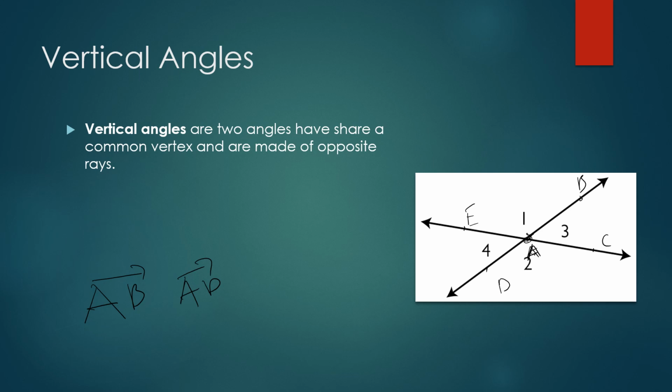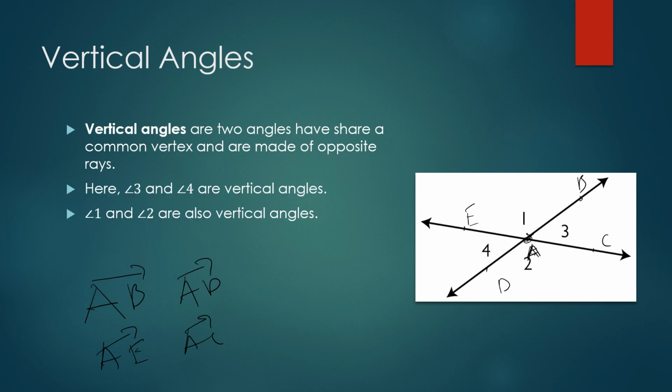And then we also have AE as an opposite ray, and we also have AC as an opposite ray. And all of them go through the vertex of A. So we would say that angles 3 and 4 are considered vertical angles, and we would also consider 1 and 2 being vertical angles. Notice that they are on the opposite side, directly across from each other.